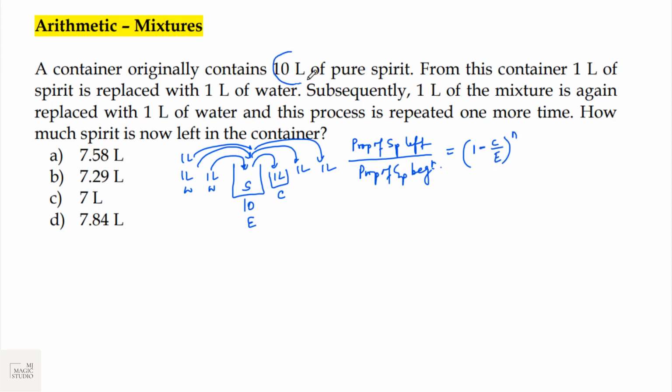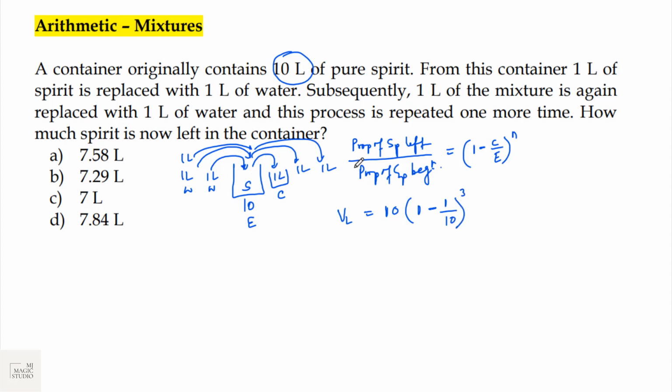Since volume is already given, we can use volume instead of proportion. So volume of spirit left equals volume of spirit in the beginning, that is 10, into 1 minus C, the small container size is 1 liter, and E, the big container size, is 10, to the power n.